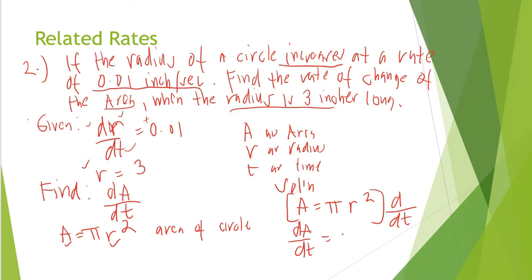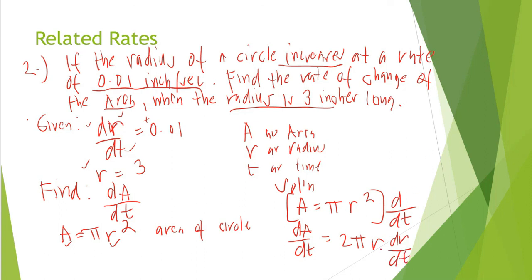Itong r squared is 2r pi. Or pwede nating ayusin siya ng ganito: 2 pi r. And then we have dr over dt.